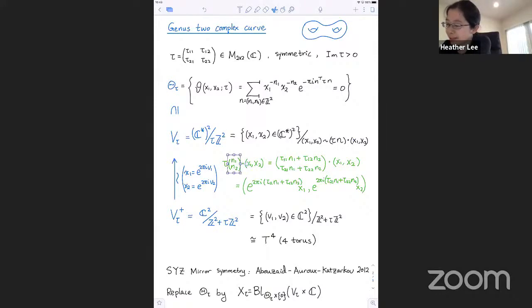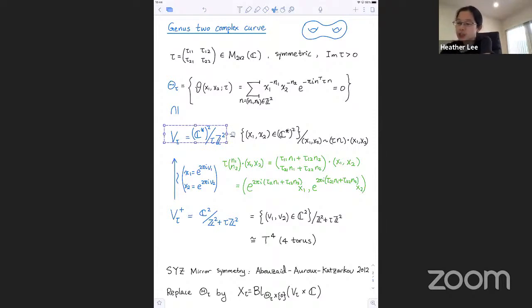When we multiply it out, we get this acting on x1 and x2, and it acts in this way, where we exponentiate these two factors and then multiply x1 and x2. So this is a group action on C star 2, and the quotient of that gives us this abelian variety that this genus 2 curve sits inside.